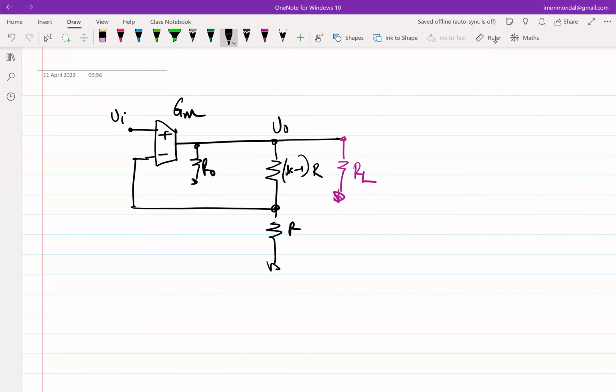So earlier, in order to figure out the loop gain, you can break the loop here and do the same old thing: you apply V test. So in the absence of RL, this voltage would have been what? V test times GM times R0 parallel KR, negative.